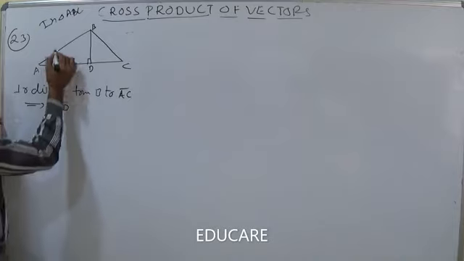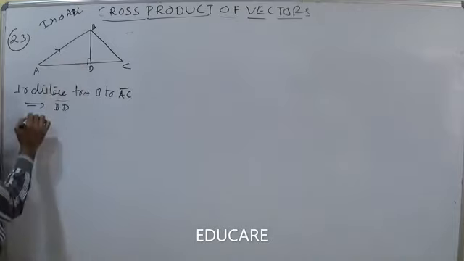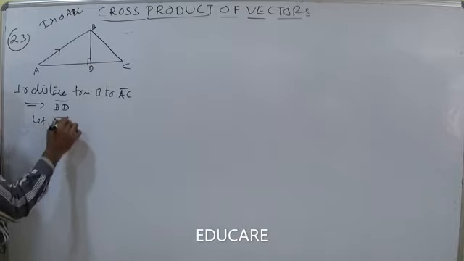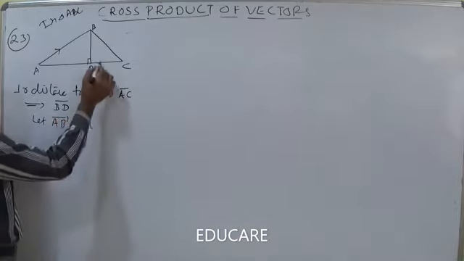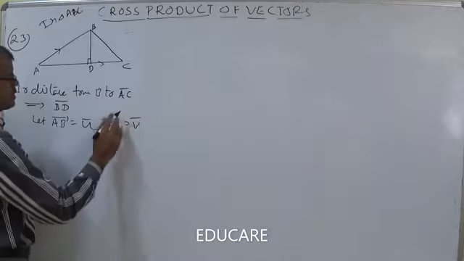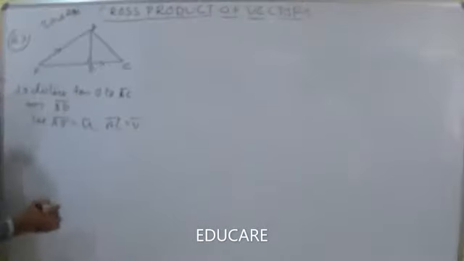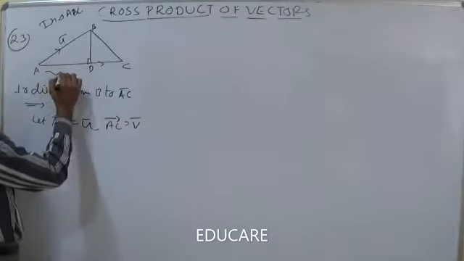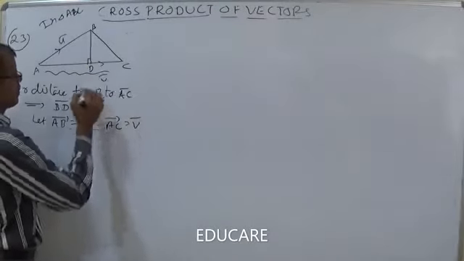So let AB bar be equal to u bar, and let AC bar be equal to v bar. This is u bar and this total is v bar.